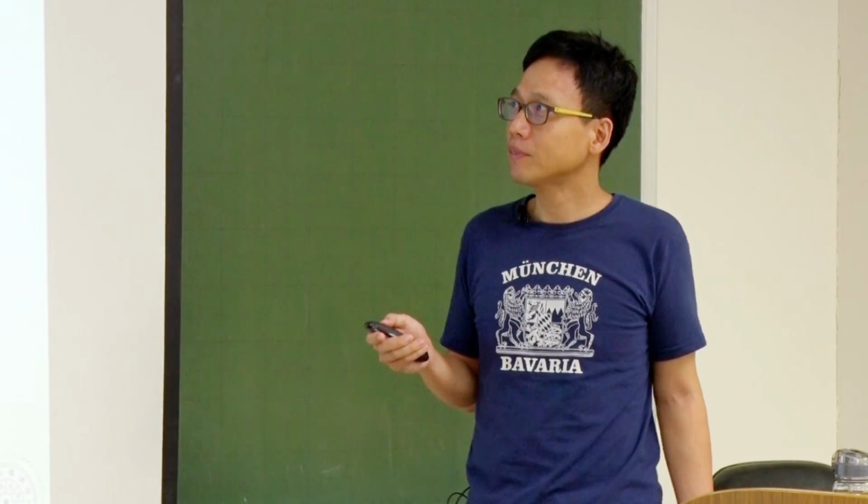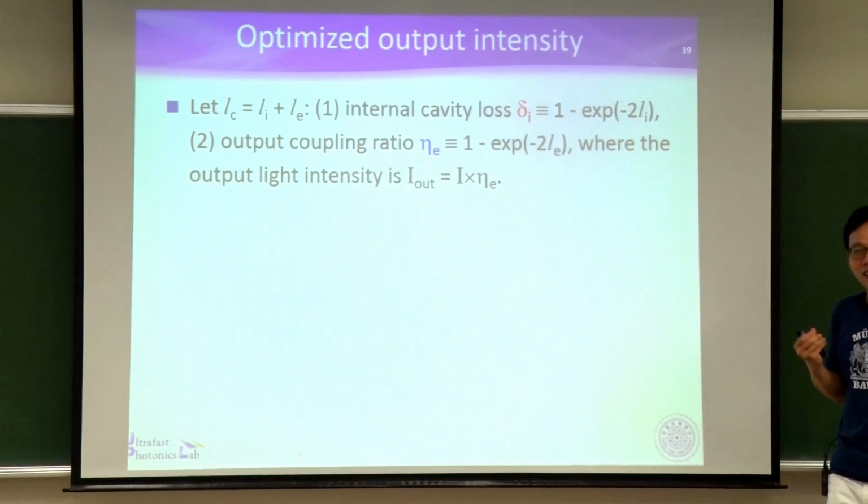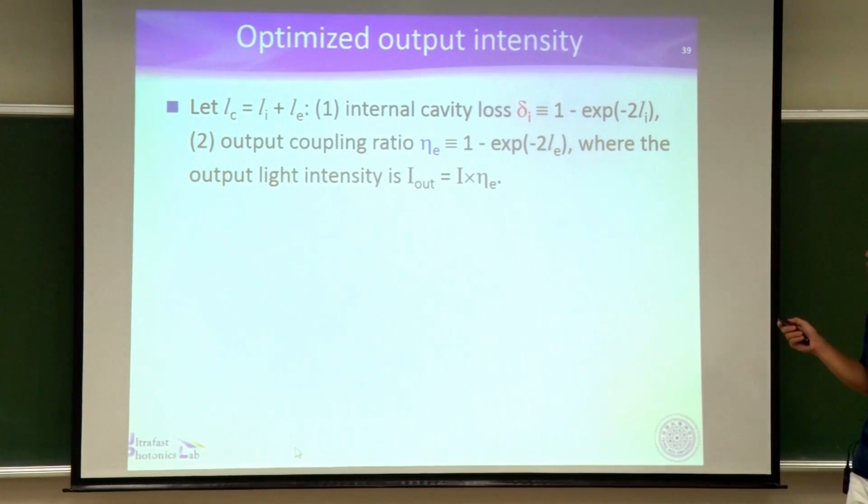Okay? So here we assume the cavity loss coefficient LC is the summation of two terms, Li and Le. Li is related to the internal cavity loss. For example, your GaN medium has natural refraction. Some light will be lost, right? That's internal cavity loss.